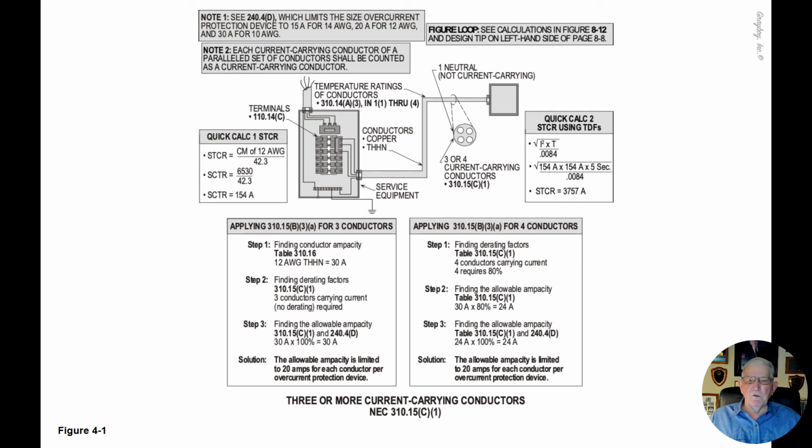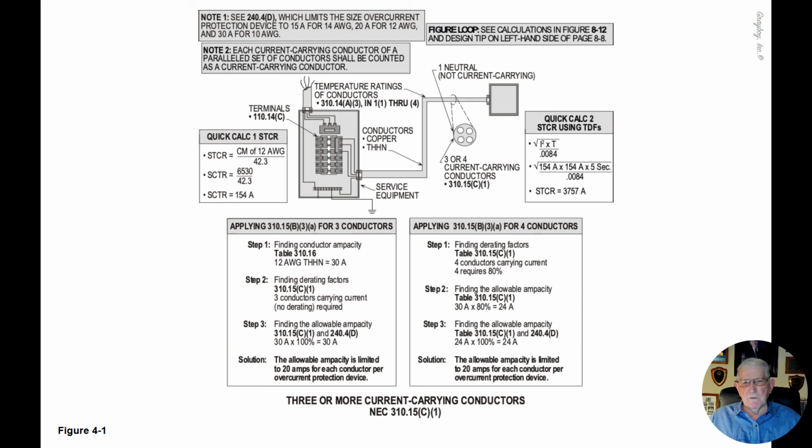Now, step 2, we have correction factors in accordance with 310.15(C)(1) and Table 310.15(C)(1). And since there's only 3 current carrying conductors, step 3 takes 30 amps at 100%. That conductor really has a long time current rating of 30 amps.